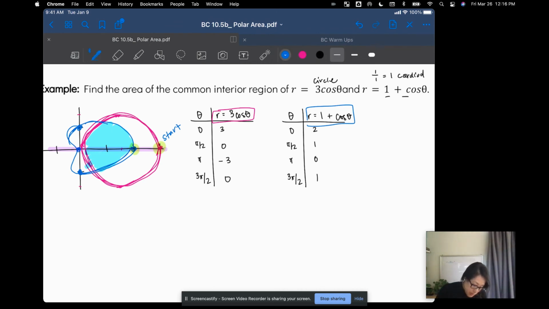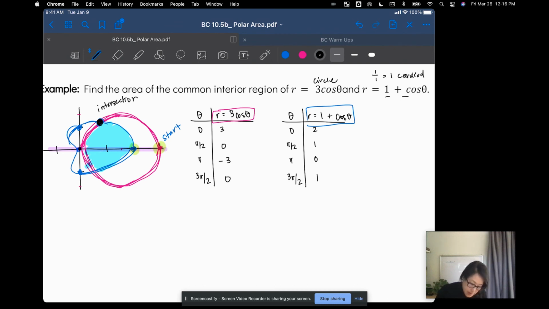So I notice that the curves connect right here, so I am going to figure out the intersection point. The other thing I notice is that the curve is made up of two areas, basically.